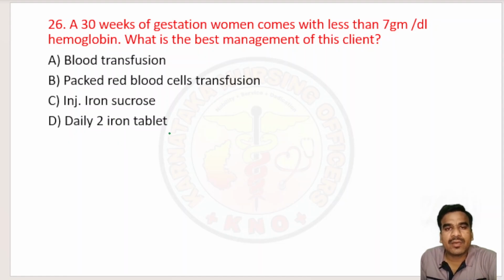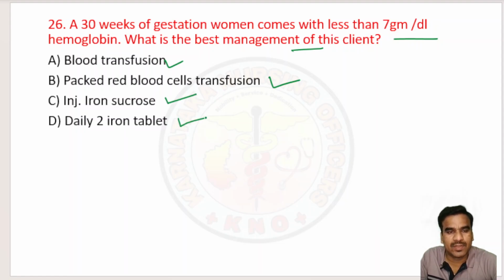A woman at 30 weeks of gestation comes with less than 7 gram per dl Hb. What is the best management of this client? Options: blood transfusion with PRBC, injection iron sucrose, and daily 2 iron tablets.